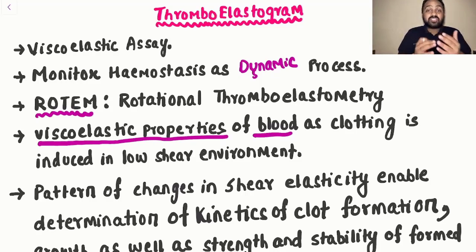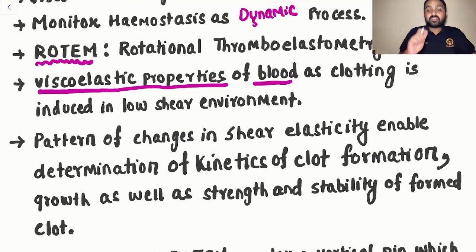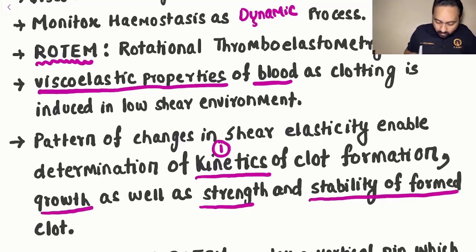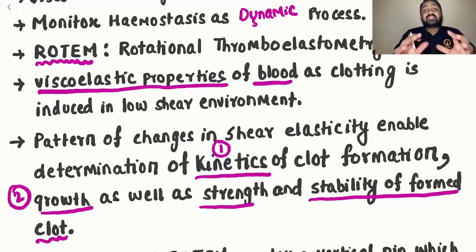The pattern of changes in the shear elasticity enables the determination of kinetics of clot formation as well as the strength, growth and stability of the formed clot. So this is your monitoring of hemostasis as a dynamic process.